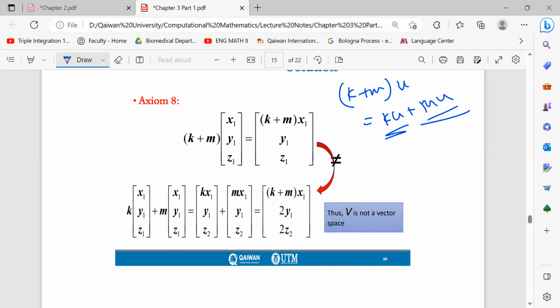Okay? We have (k plus m) times u. We get this one. But once we multiply each one separately, we get k plus m, this one. As you see, the sum of these two, we get 2y and 2z in this case. So this doesn't equal the one above. These are not equal.